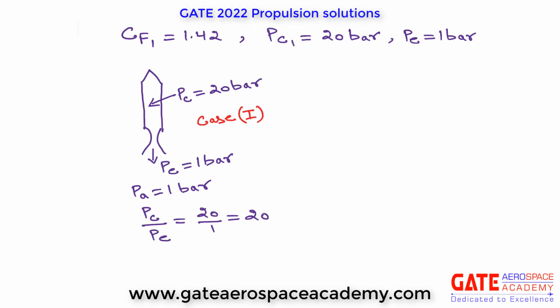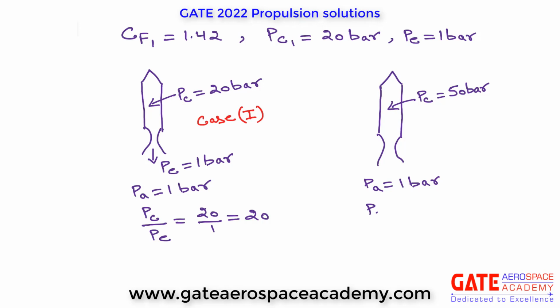For case 2, chamber pressure is different now. Chamber pressure here is 50 bar. Right? Ambient will be the same, 1 bar. But exit pressure will be different now. How can we find out exit pressure?